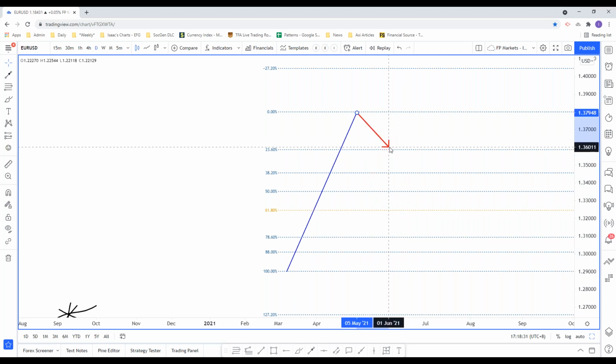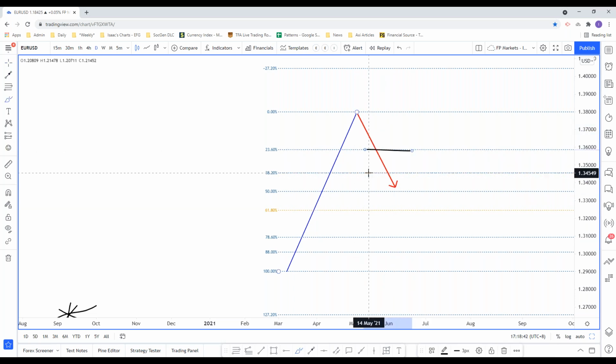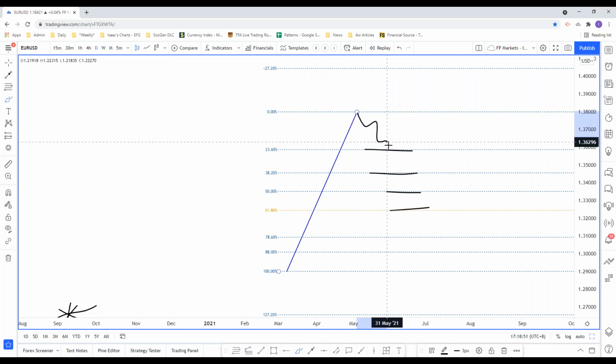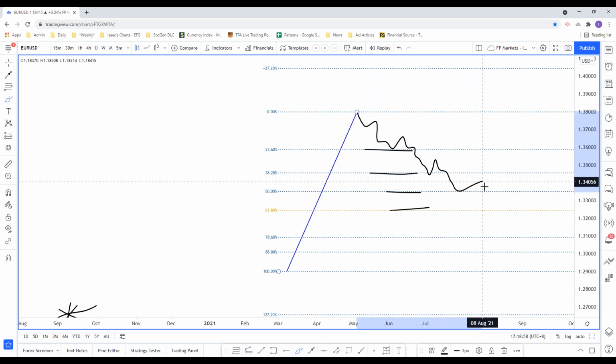If the original completed move is bullish and we draw based on the last completed move, we are essentially finding supports where price may pull back to. All these levels are possible support levels. Price may come back down to this level, bounce a bit, come down to the 38, bounce a bit, come down to the 50, bounce a bit, and then come down to the 61. That's essentially what it means.